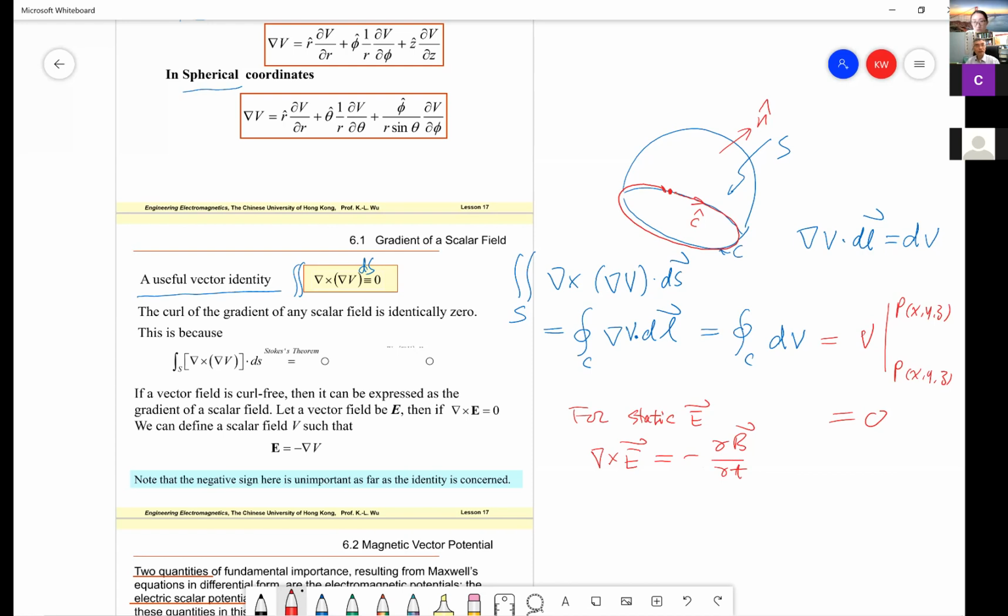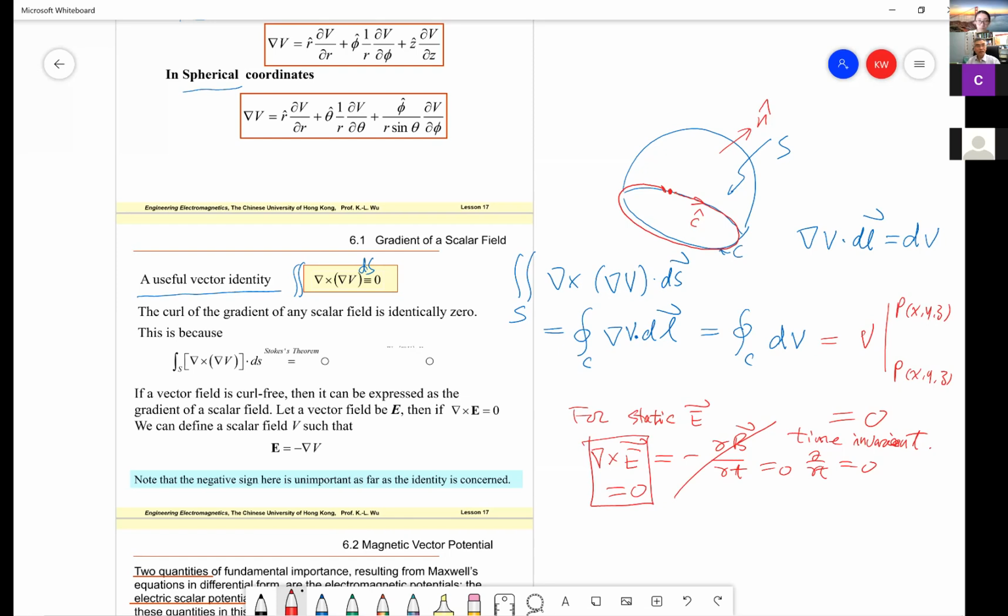If the field doesn't change with time, if the field does not change with time, this equals 0, right? It is time invariant. Therefore this equals 0, then this equals 0.